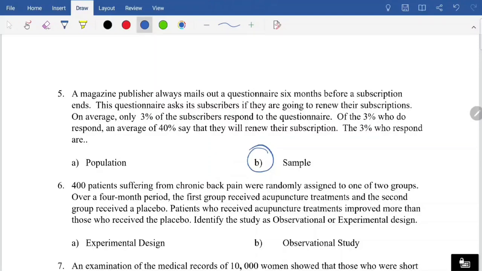In fact, they are a subset of a subset. The magazine publisher sends out the questionnaire to a subset of the entire population of subscribers, only those whose subscription is going to expire in 6 months, and then of that subset there's another subset of just 3% who respond. So clearly this is the sample and not the population.